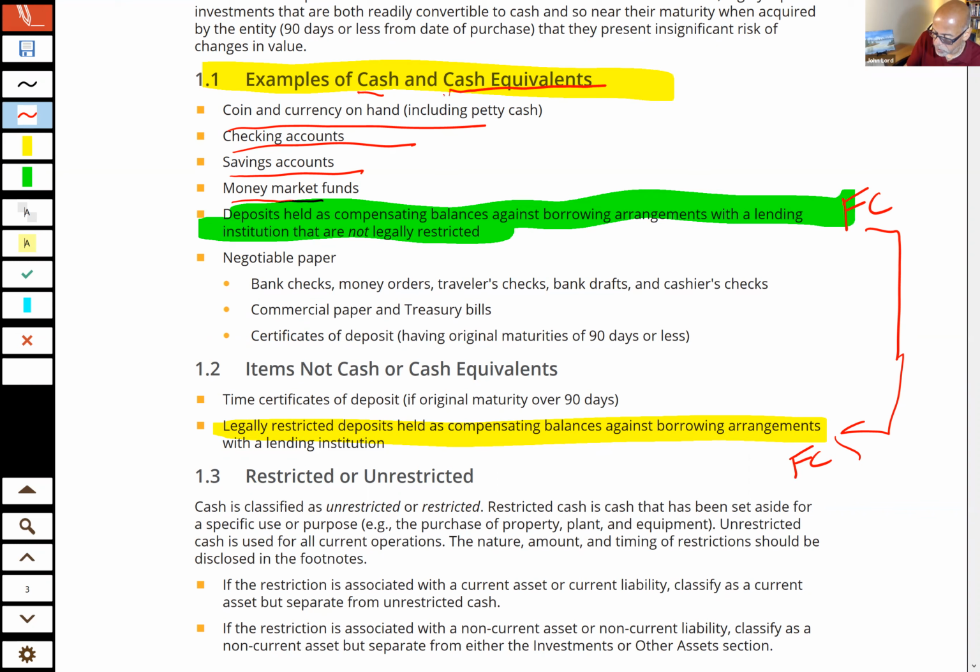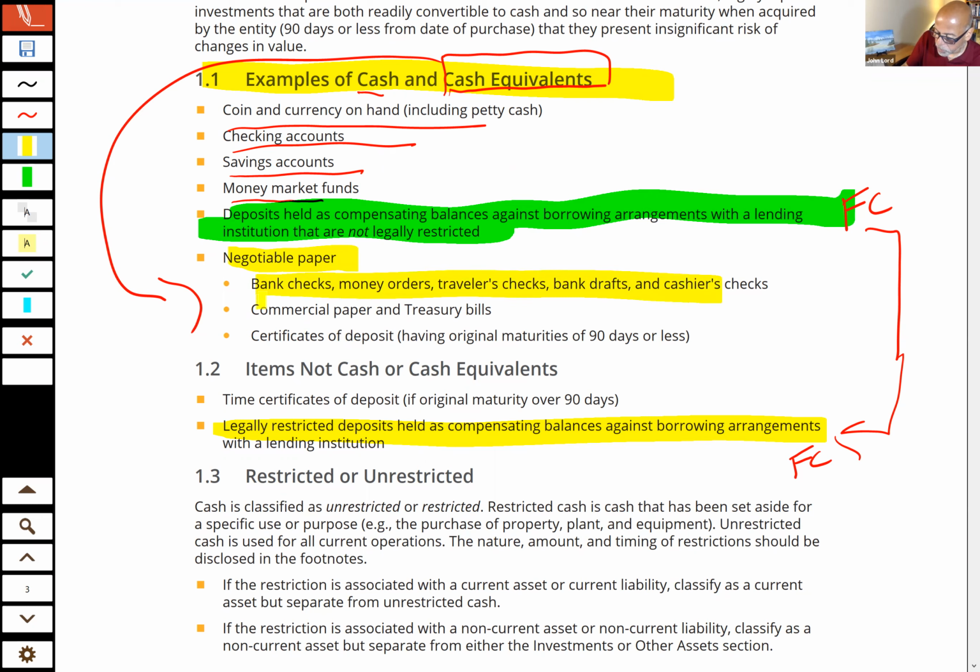Okay. Now, other things here that are cash equivalents. Let's just look at cash equivalents right here, okay? They start talking about negotiable paper, bank checks, money orders, commercial paper, and treasury bills and certificates of deposit having an original maturity of 90 days or less, okay?